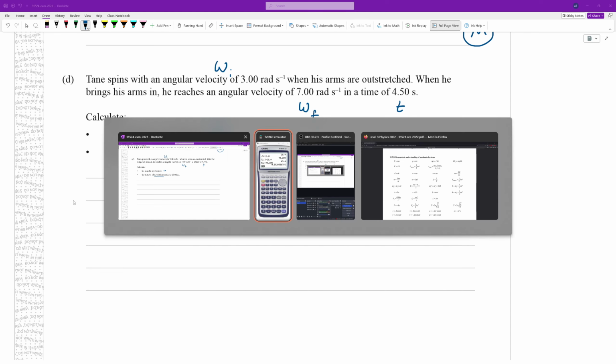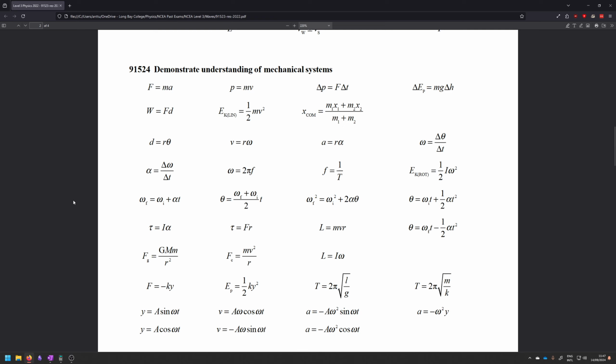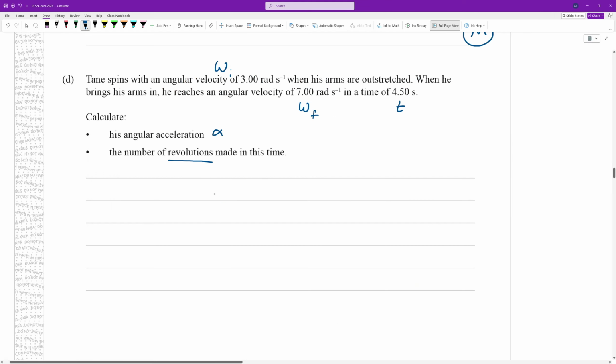So thinking about kinematics, so that's the equation sort of in the middle, starting from, well, here really. It depends on angular acceleration, initial and final angular velocity, time, and theta, which is angular displacement.